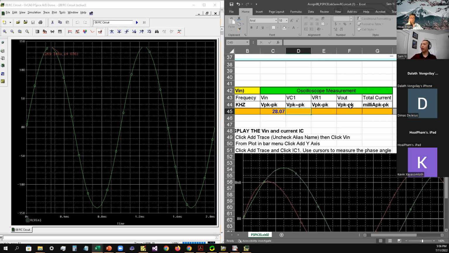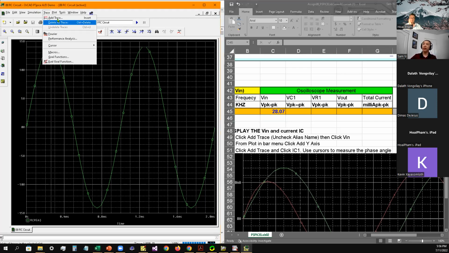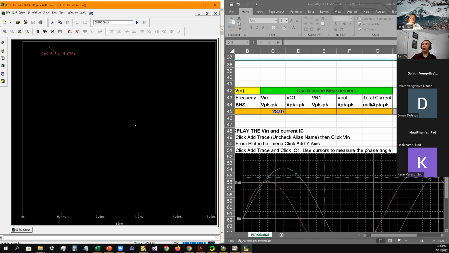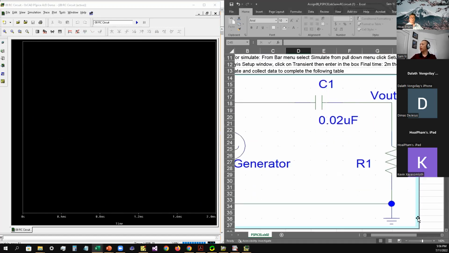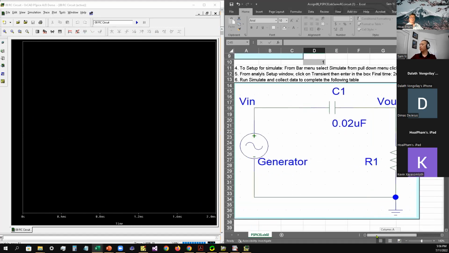circuit handout. Now that you're done with that one, I don't need this one anymore. The next thing you want to do is find VC. VC would be right here, between V out and V in.